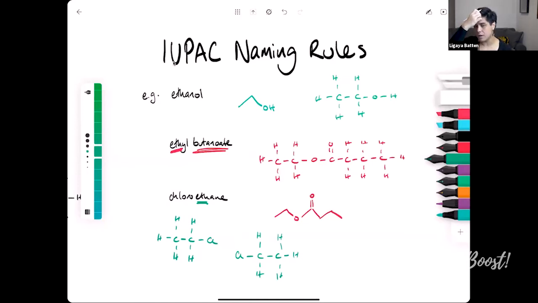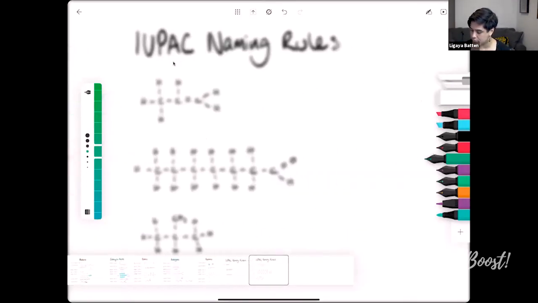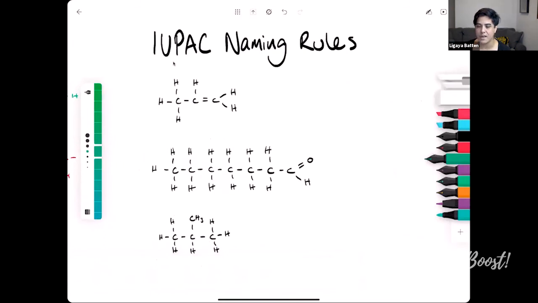So let's now look at, rather than drawing from the names, naming from the drawings. We've got some drawings here already made up. Have a look at each one and think about how you might be able to name those compounds. So this first one here, we've got 1, 2, 3 carbons, so that's going to have a stem of prop.